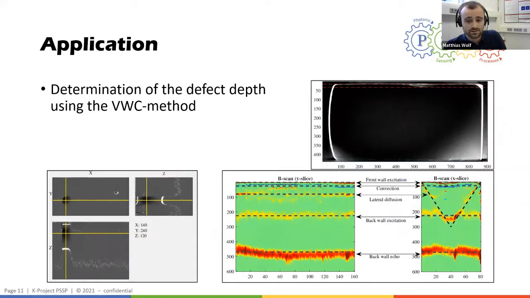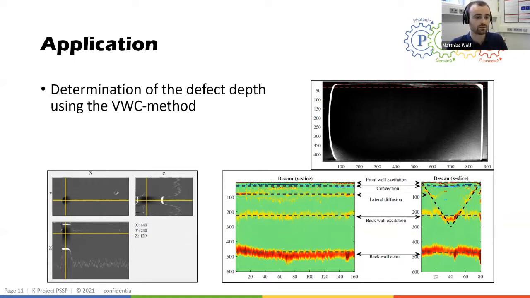This is the last slide of my talk, and there we also tried to utilize the previously mentioned virtual wave concept. The results of two different regions are shown in both figures on the bottom part of my presentation. On the right-hand side, we inspected the sound region, where you just have something similar to B-scans of ultrasonic inspections of the back wall, but also of the front wall.